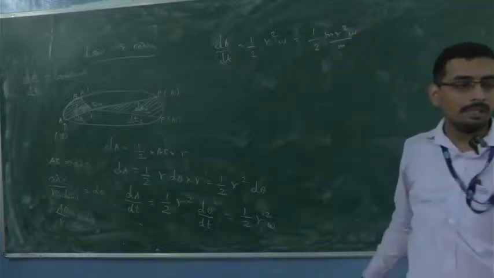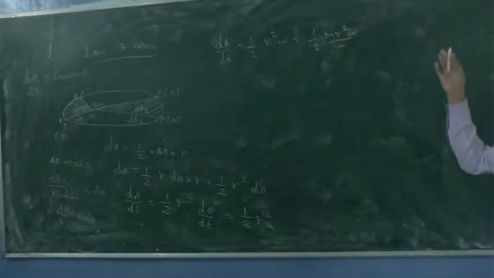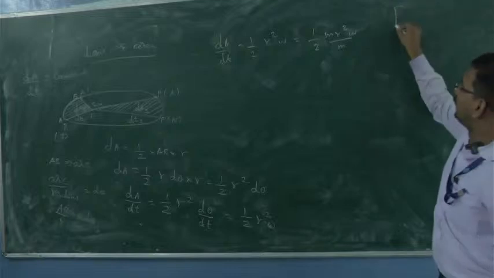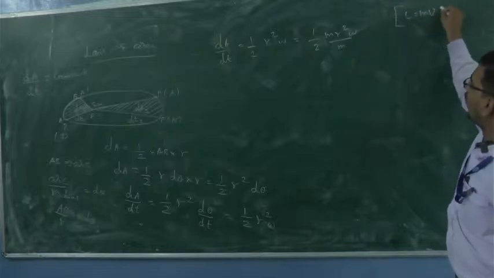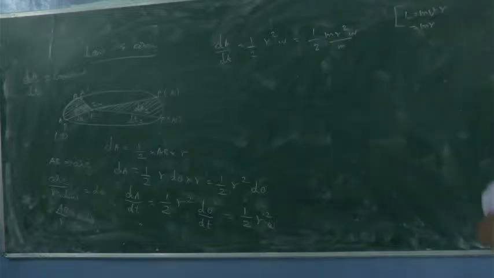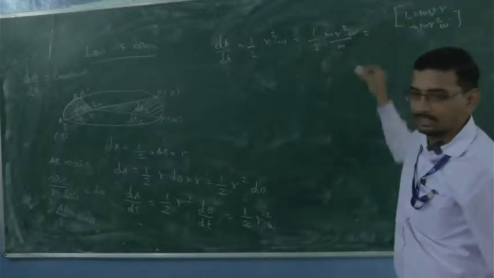I just multiply by the mass of the planet in numerator and denominator. What is m R square omega? L is equal to m v r, where v can be replaced by r omega, and already we are having one r. So m r square omega is nothing but L.